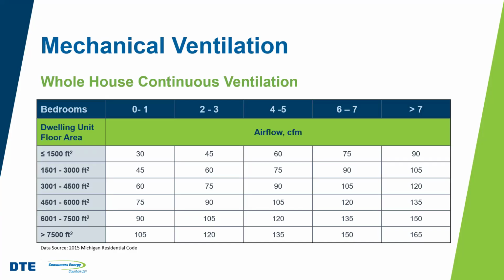Right now, however, that's not something that we're requiring here in Michigan just yet. My co-instructor Chris may talk a little bit more about that when he talks about beyond code in some of the later sessions. So again, these are the rates for continuous ventilation for mechanical systems.